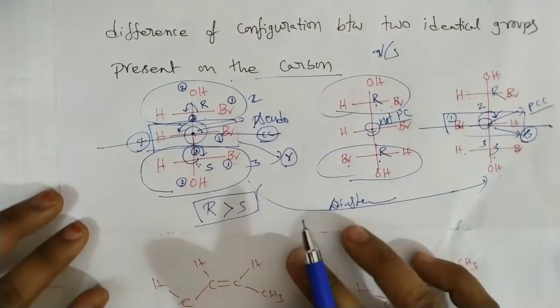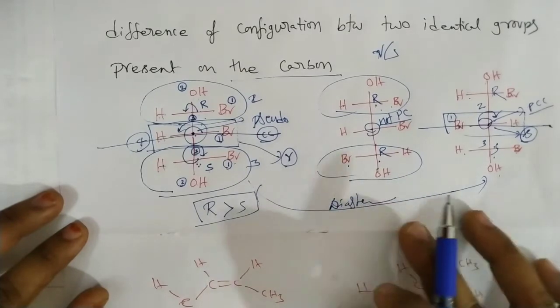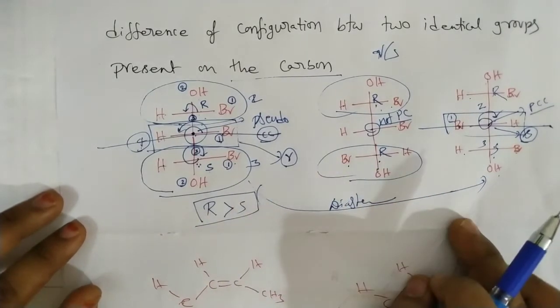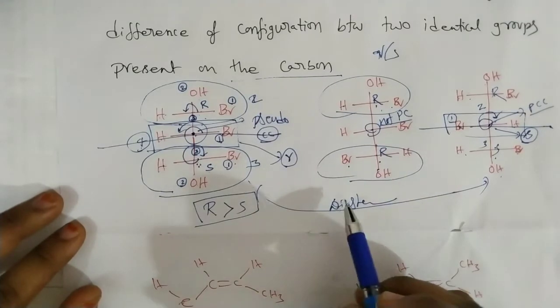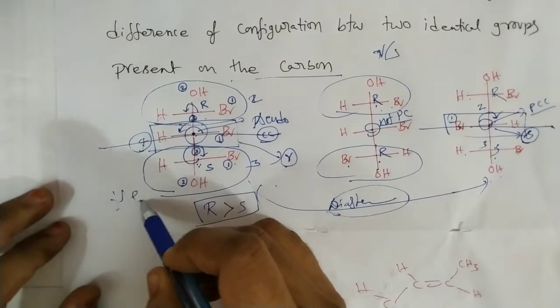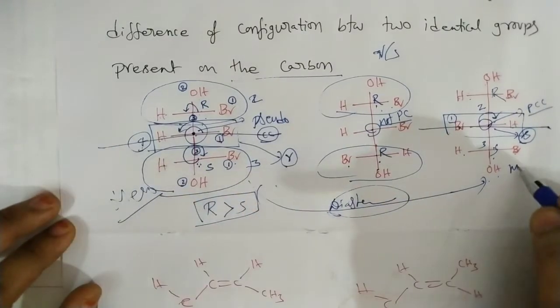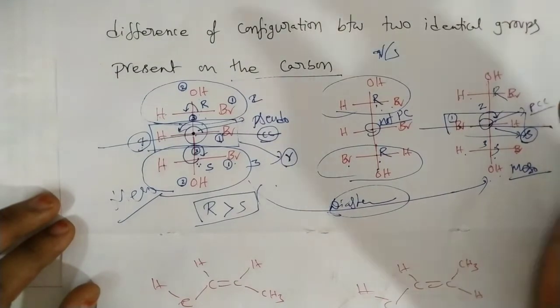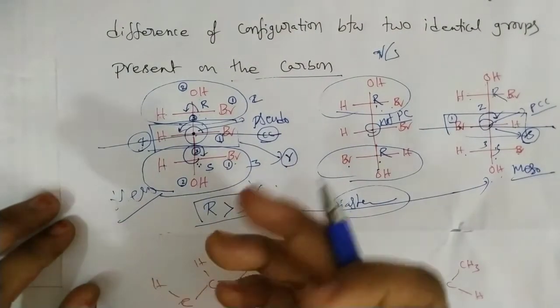These two are meso compounds, and they are two different meso compounds. These two compounds are not identical. The relation between them is diastereomers, and each compound is a meso compound. Meso compound 1 and meso compound 2 are different.